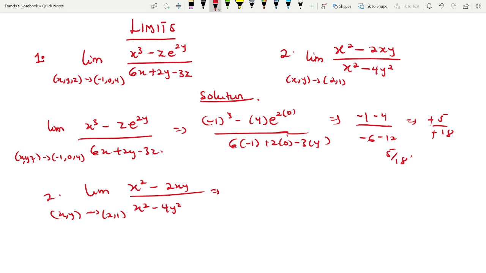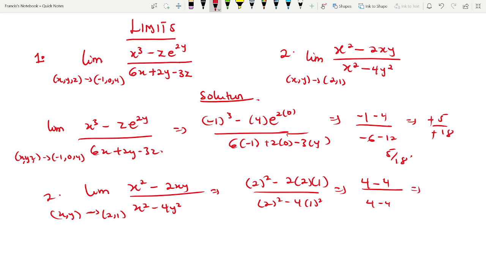And probably some functions cannot be modified, and you can go ahead and say that the limit doesn't exist. So here, wherever you see x, you put 2. Wherever you see y, you put 1, right? So you're going to have 2 squared minus 2 multiplying 2 multiplying 1, over the expression 2 squared minus 4 multiplying 1 squared. So I have 4 minus 2 by 2 by 1, which is 4, over 4 minus 4.